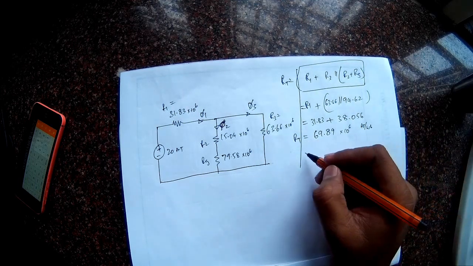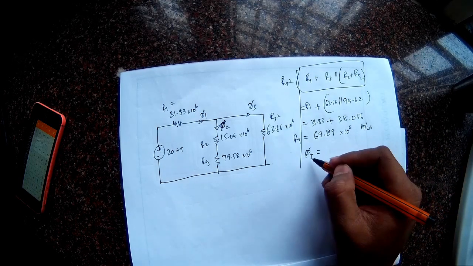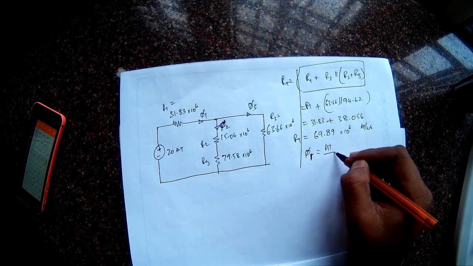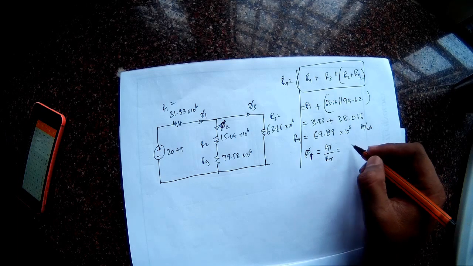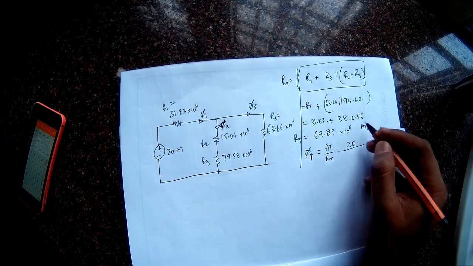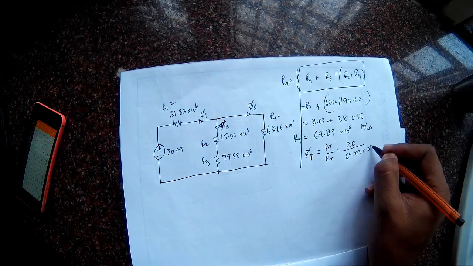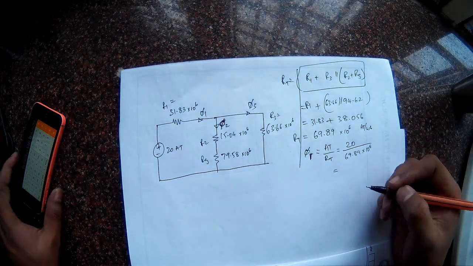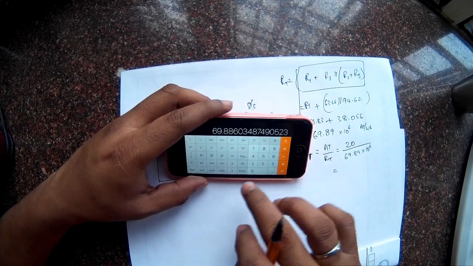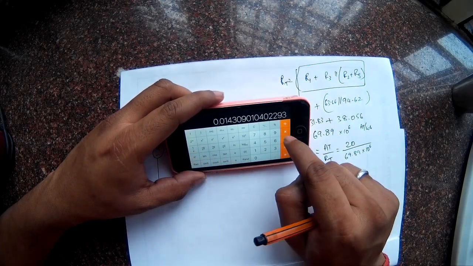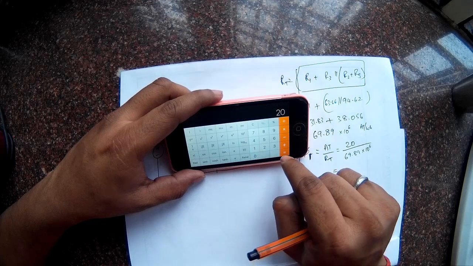Okay. So how do you find the total flux phi t or phi 1 in our example? Nothing but total ampere turns divided by total reluctance RT. So total ampere turns is 20 divided by total reluctance is 69.89 into 10 power 6. Okay. So that is, so I'll just take the inverse of this quantity and then multiply it with 20.